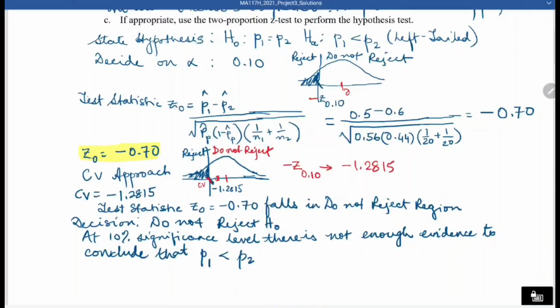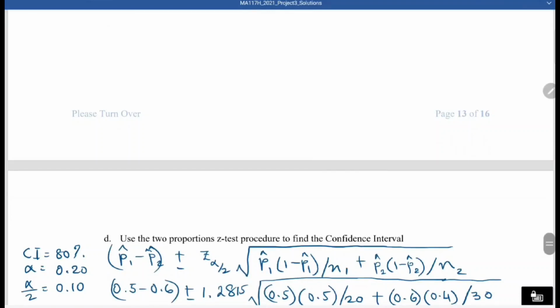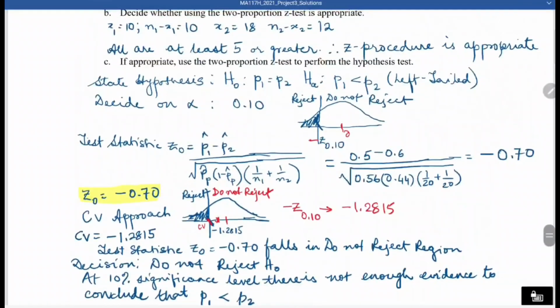All right. Now, I leave the p-value approach to you for this one, and I'd like you to tell me what the p-value is, if you can. And if you still have questions, just email me. I can send you the critical value, I can send you the p-value for this problem.